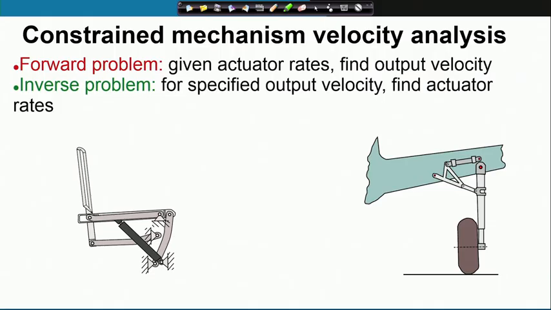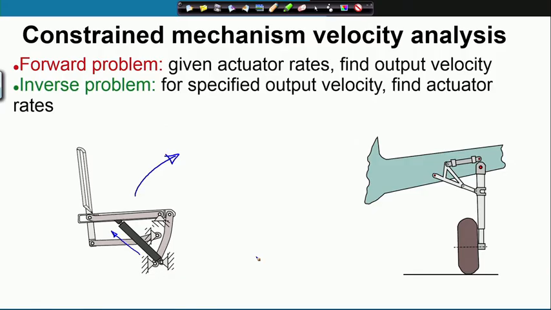So, here are two examples that we had considered. This is the transfer device where I need to find out the hydraulic or the pneumatic actuator expansion rate in order to provide a certain output rate for taking a person from the sitting position to the standing position.